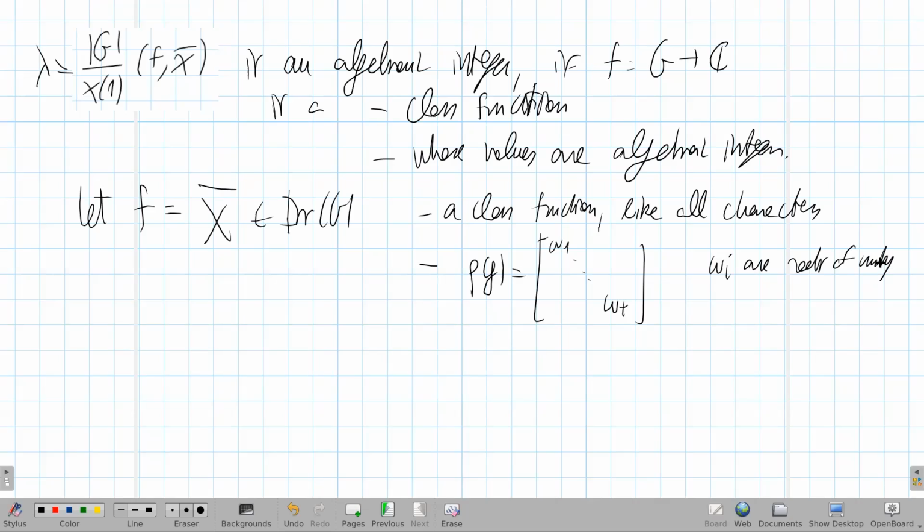And of course, these are algebraic integers because they are a root of something like x^n minus 1, so monic polynomials with integer coefficients. And the character chi of g will just be the sum of these, and the sum of algebraic integers is an algebraic integer.